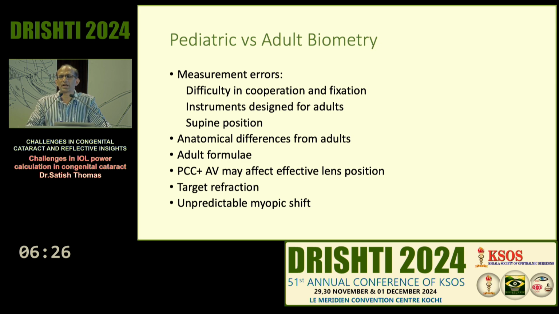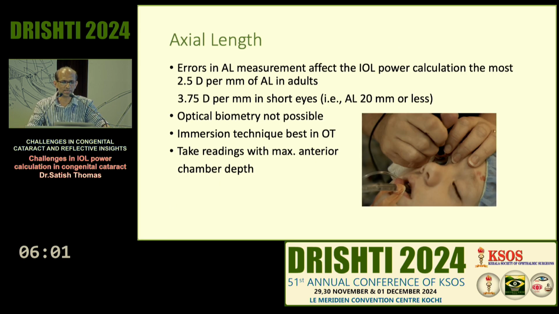The target refraction for an adult cataract surgery we know is emmetropia, but in a child it is usually not emmetropia. And there can be an unpredictable myopic shift. We know that we are going to put it in a growing eye. There will be a myopic shift, but that can be very unpredictable. So these are all the challenges that we face in calculating the IOL power in congenital cataract.